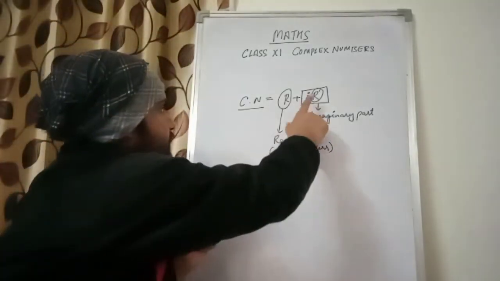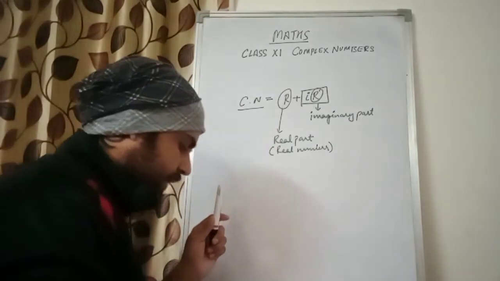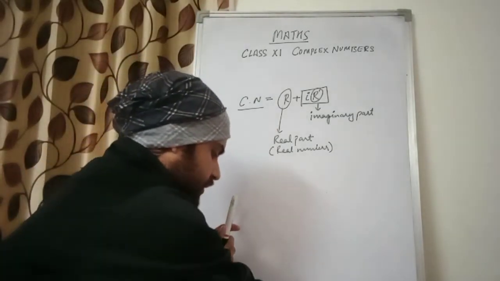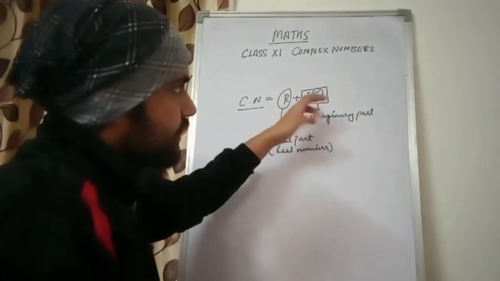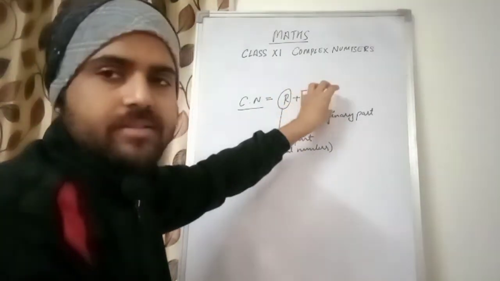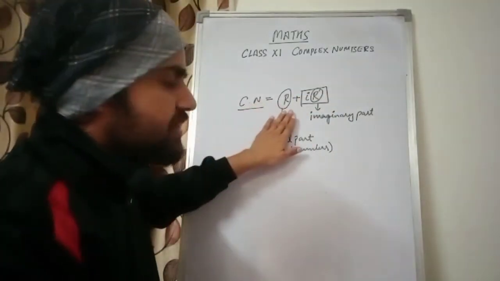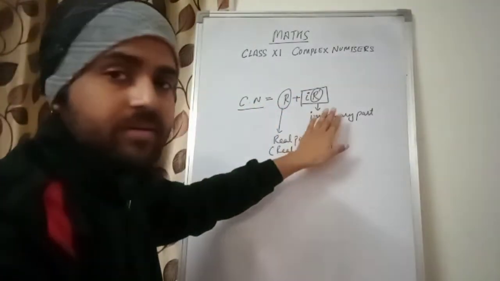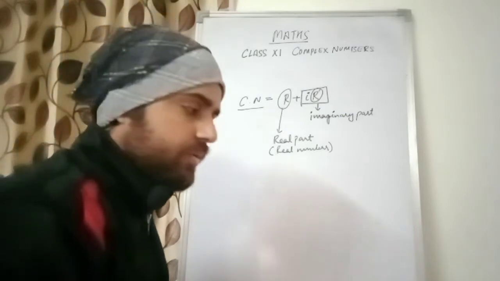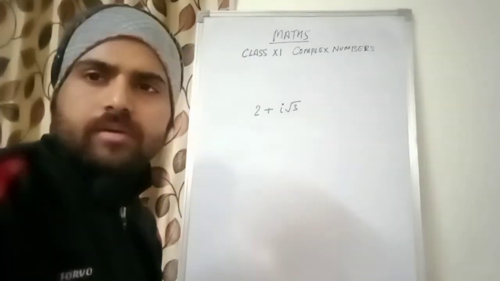So the imaginary part is ib. Now this b is also a real number, but this whole thing I will say is the imaginary part of the number. So a number which has a real part and an imaginary part is your complex number. Okay, I hope this is understood.